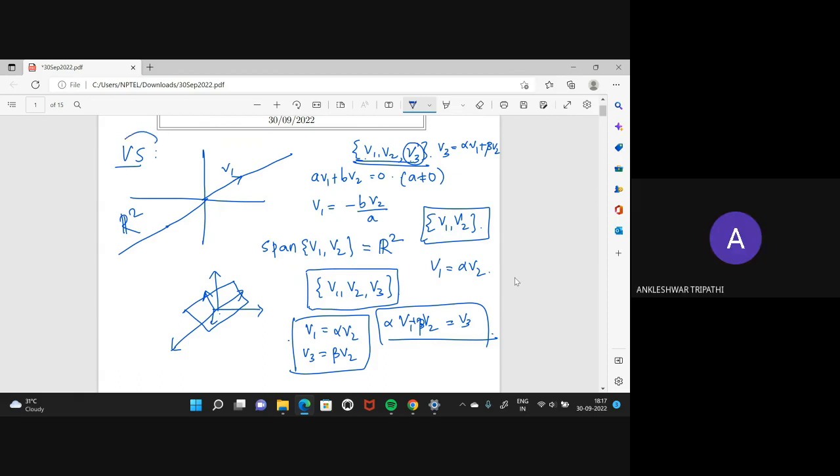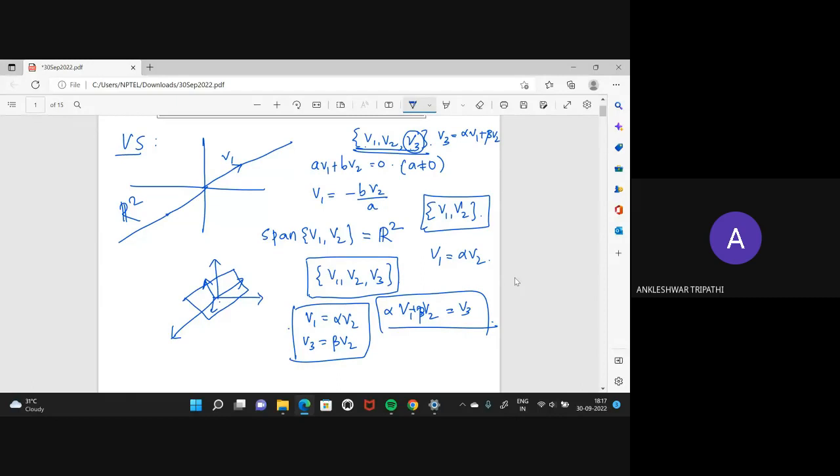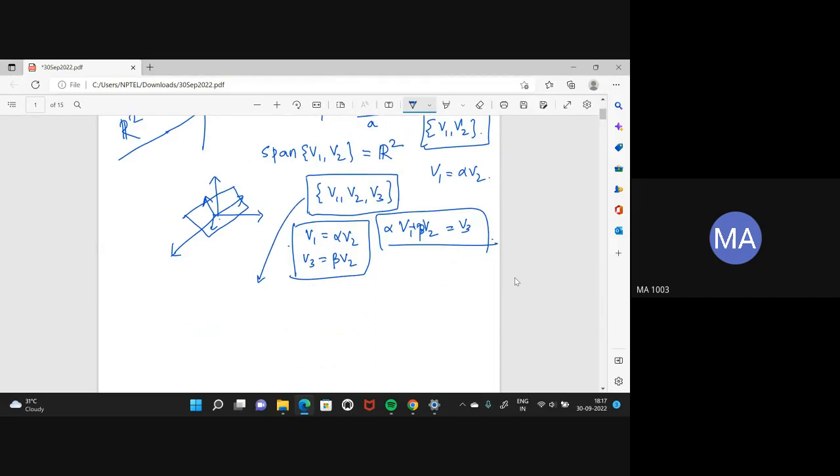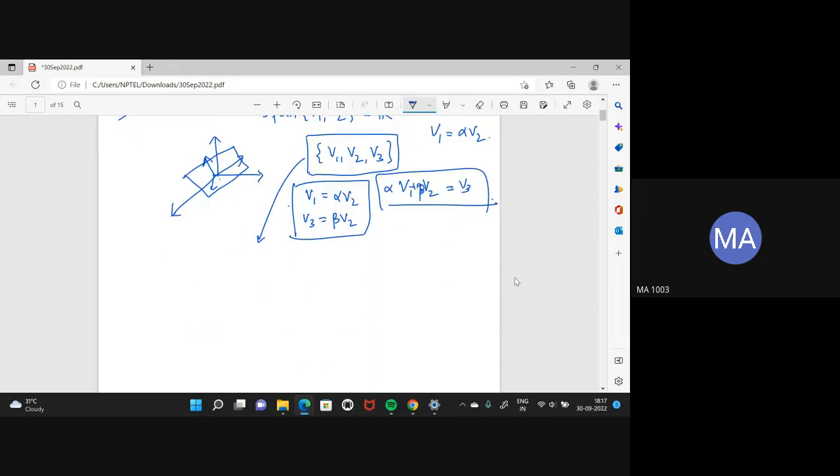And why is a superset of a linearly dependent set dependent? Consider the same set, v1, v2, v3. You already know v3 is a linear combination of v1 and v2, right? Now if I add any other vector, is it going to make a difference? Because v3 is already a linear combination of v1 and v2.